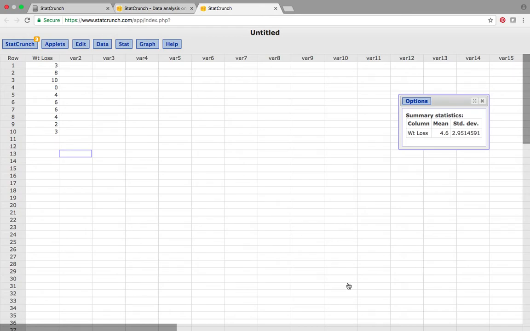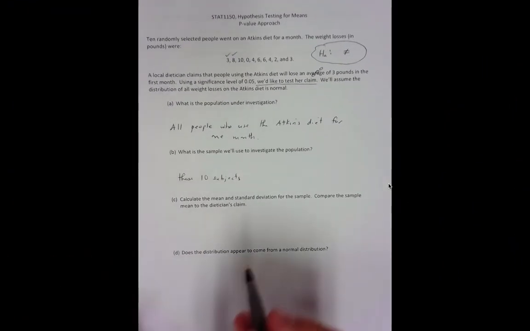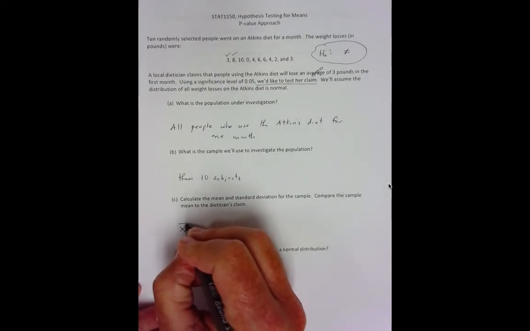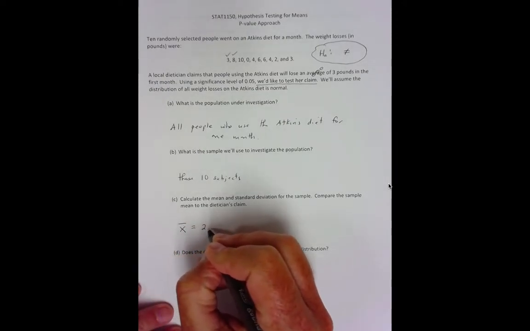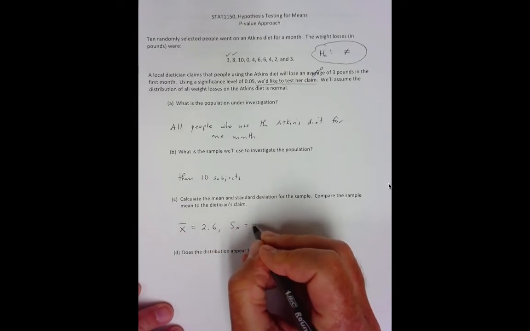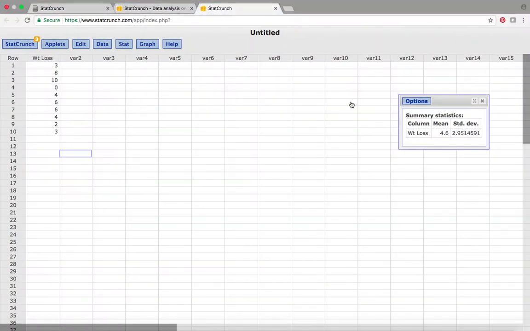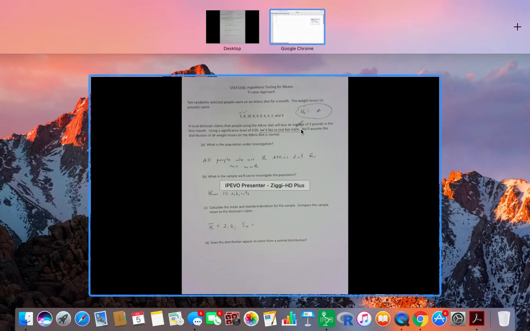So the mean is 4.6, and the standard deviation is 2.95. Now, guys, it's important that you understand that this mean is X bar, and this standard deviation is s.